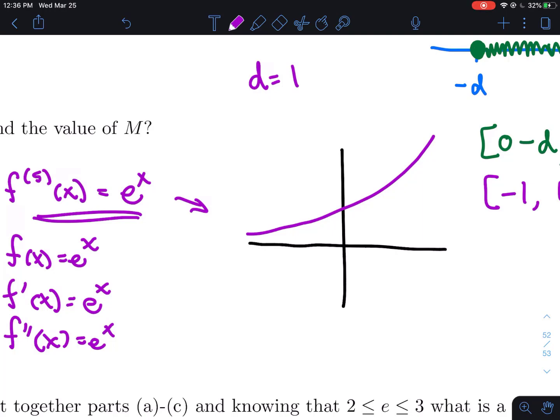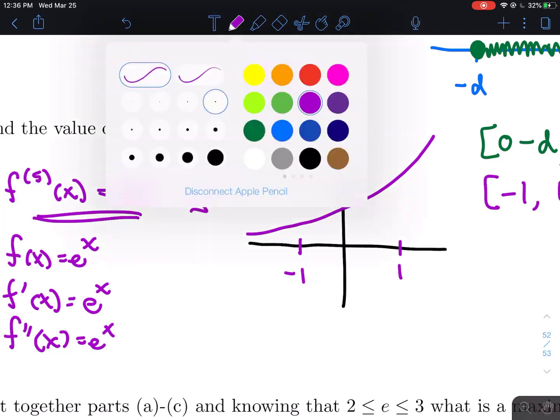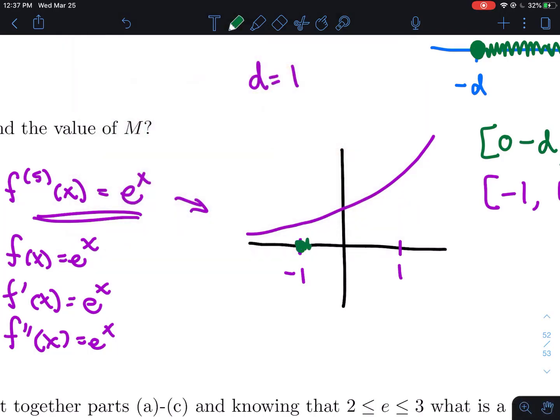Remember, our interval was from -1 to 1, so we're looking in this region right here. I want to know what is the maximum value that this fifth derivative function, e to the x, takes on this interval. Over here on the left-hand side, that would be e to the negative first power that it's outputting.